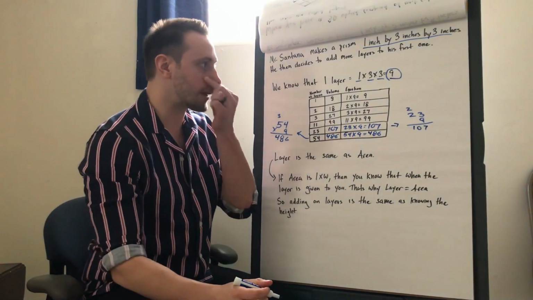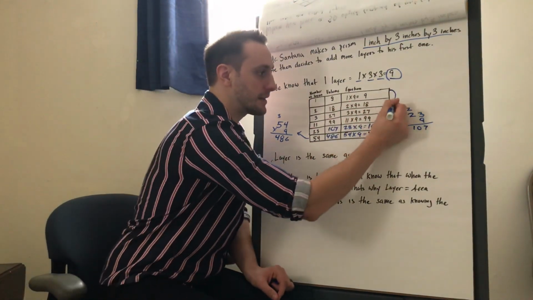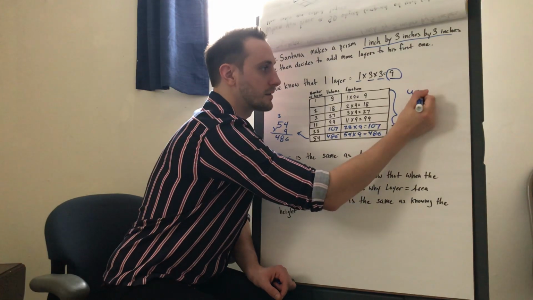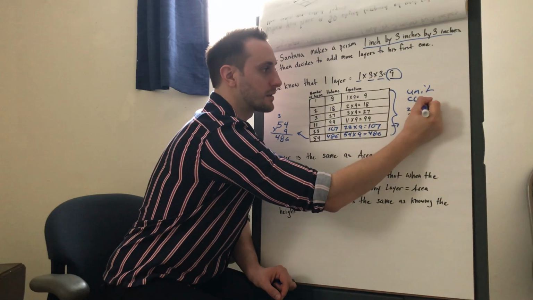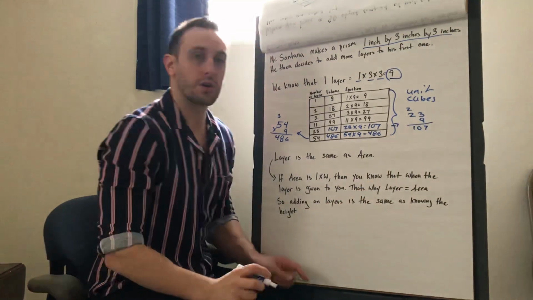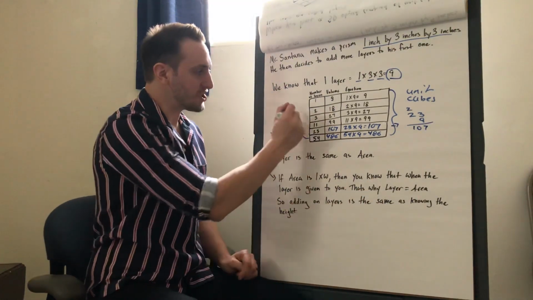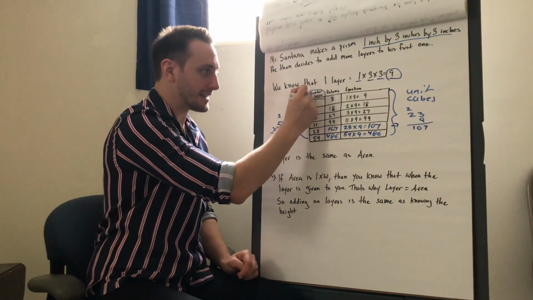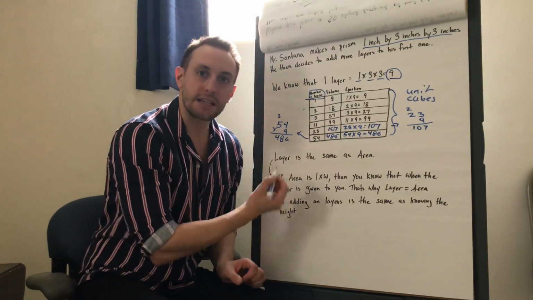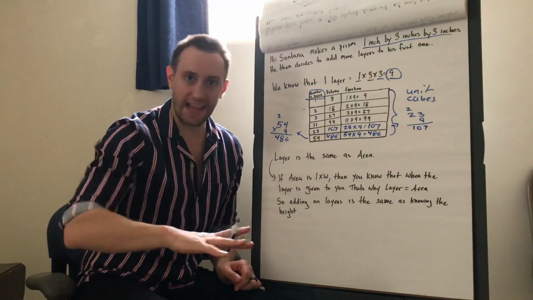Okay, let's fill in the rest just to be complete. And by the way, what is our unit? Well, it's going to be unit cubes or cubic units, your choice. So what this shows you here, talking about layers, is that a layer is the same thing as finding the area.